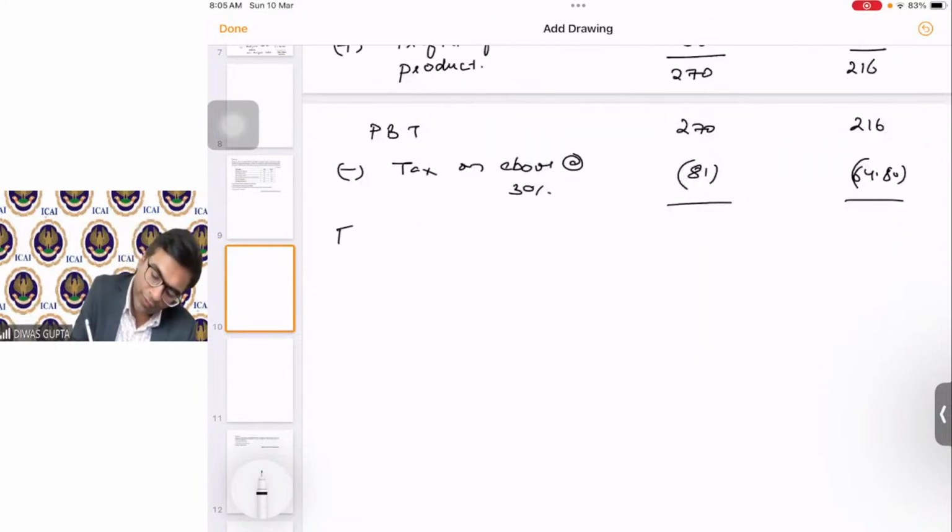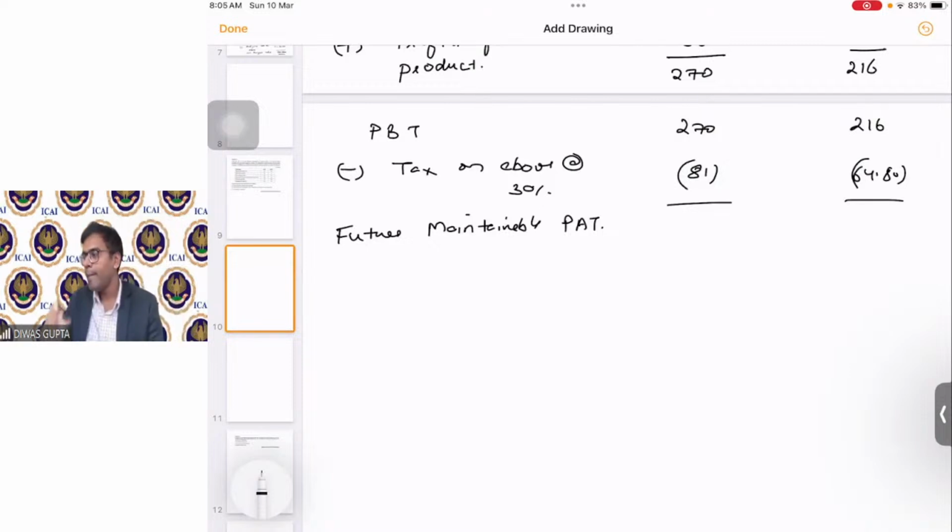So the future maintainable profit after tax will be 189 and 151.20.